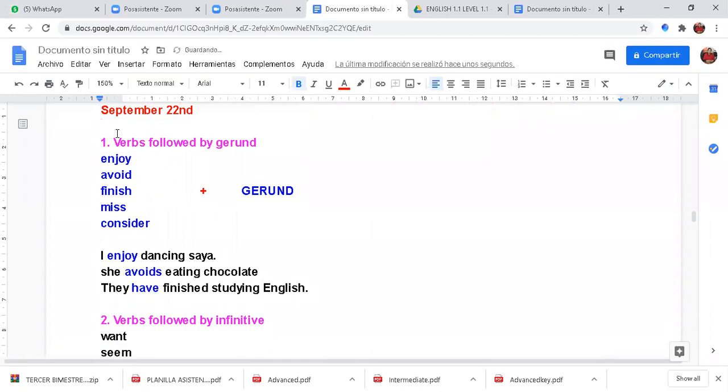We have more groups, but now I will emphasize these 4 groups. The first group, verbs followed by gerund. Enjoy, avoid, finish, miss, consider, plus gerund. Example, I enjoy dancing.